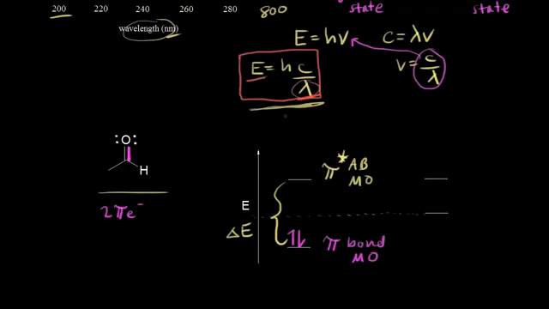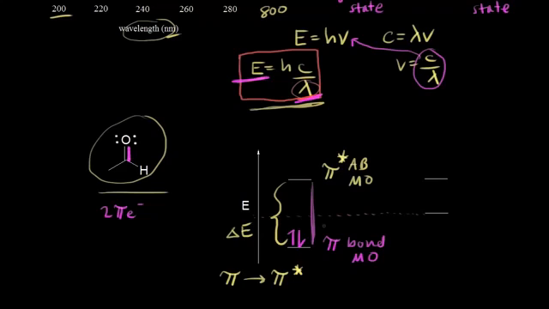When it promotes one of these pi electrons up, we call this a pi to pi star transition. The molecule is going to absorb energy, and the energy corresponds to a wavelength of light. So this energy difference between our 2 orbitals.